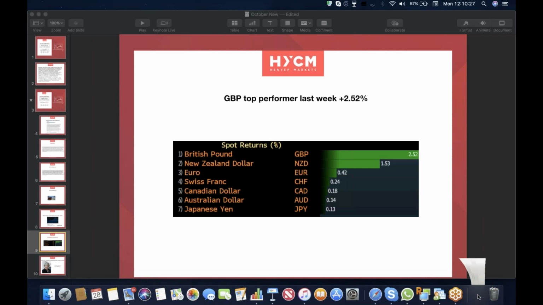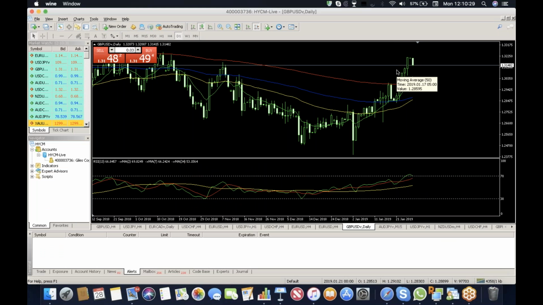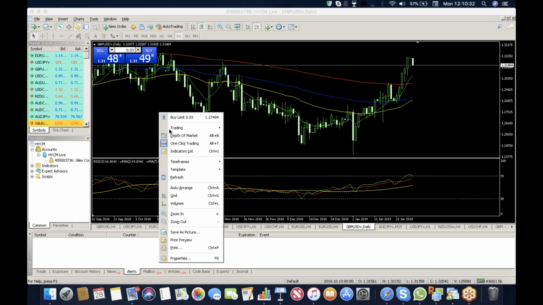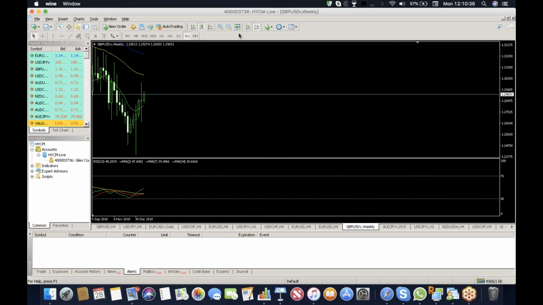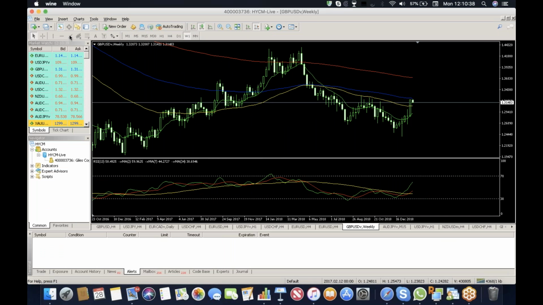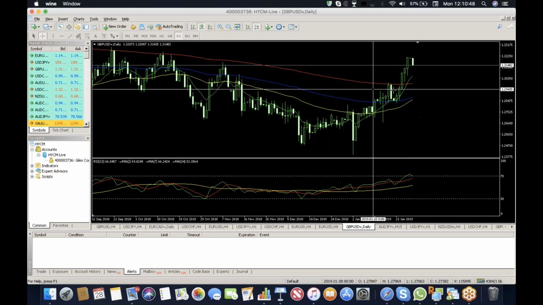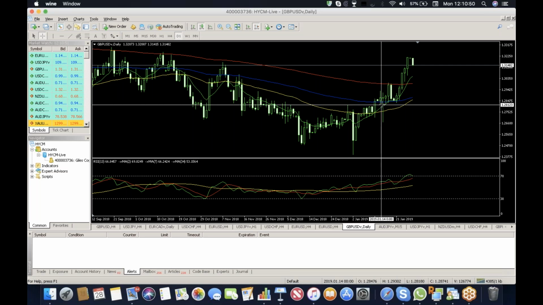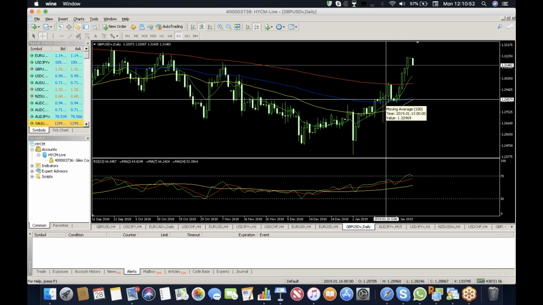When we look at the pound chart, which we have here, you can just see that over the last couple of weeks, especially last week, that very large bullish bar right into the 100 exponential moving average. That was a 2.52% rise, and you can see we were looking at potential targets last week when price was around here.